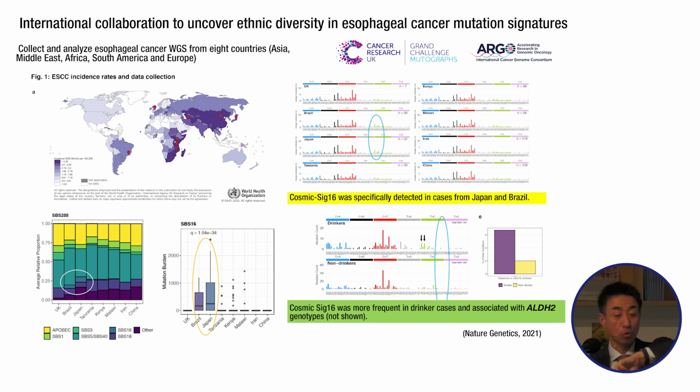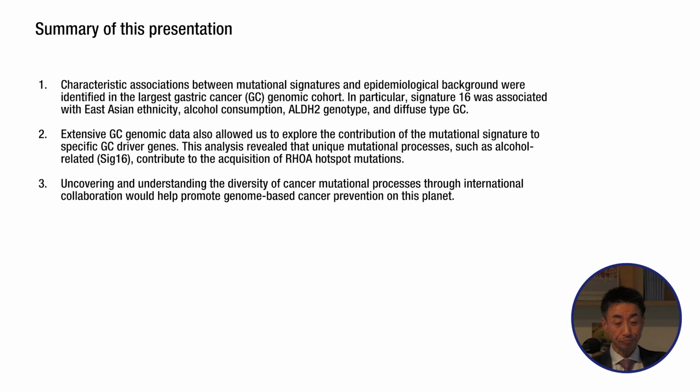This is one example. We sequenced esophageal cancer from different parts of Japan and different parts of the world, and again we found that this signature 16 was also detected in Japanese esophageal cancer and also in samples from Brazil. So that again tells us that alcohol is a very important risk factor for this cancer.